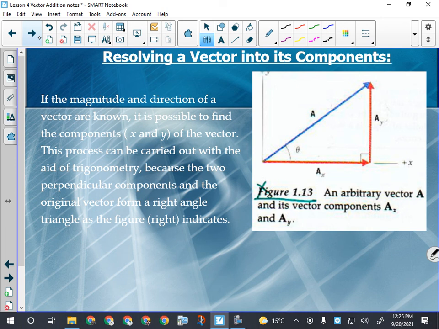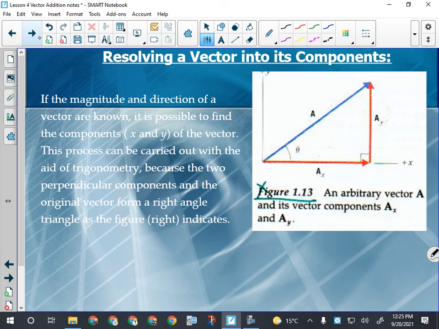So if I want to resolve a vector into its components, really all I'm doing is taking a vector like the blue one here, and figuring out how far over it goes, which would be ax here, and how far up or down it goes, which would be represented by ay. Everybody follow me there?